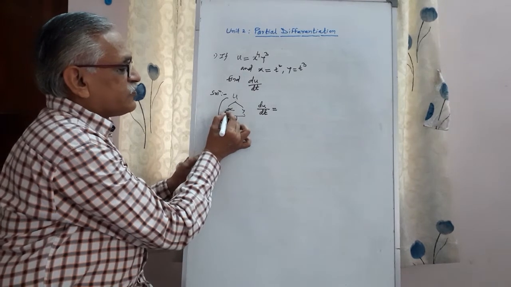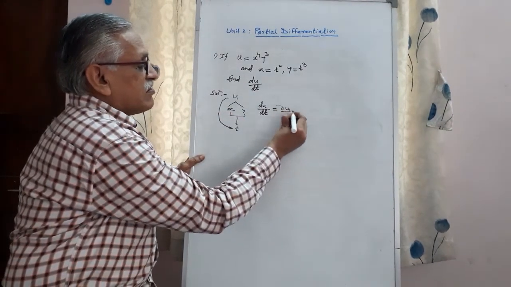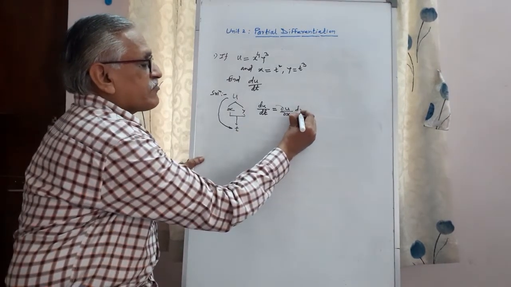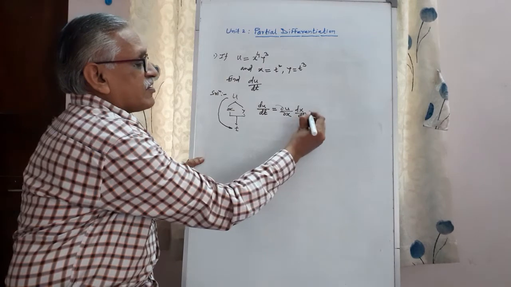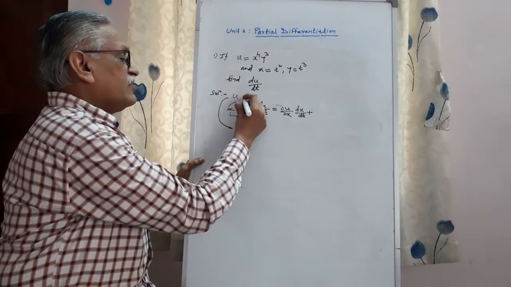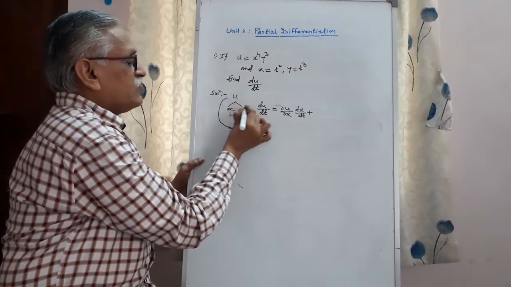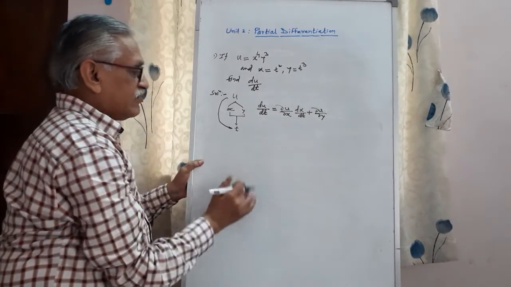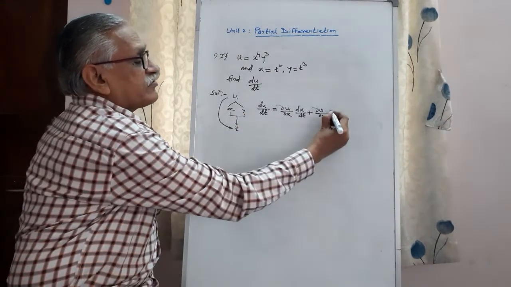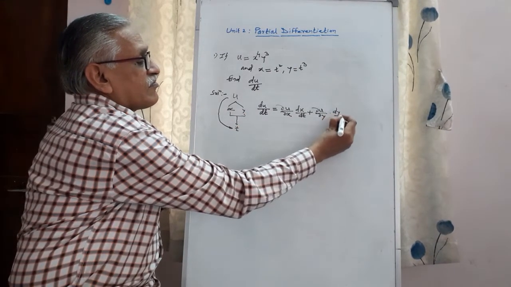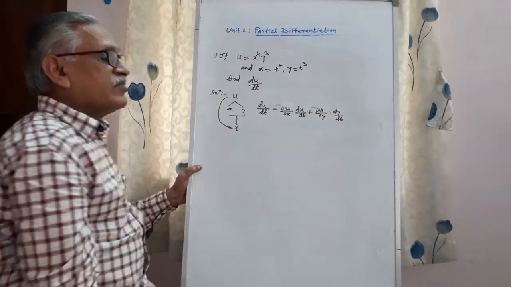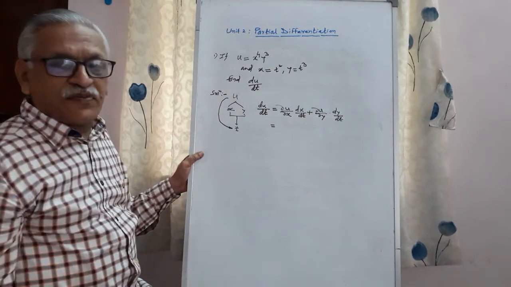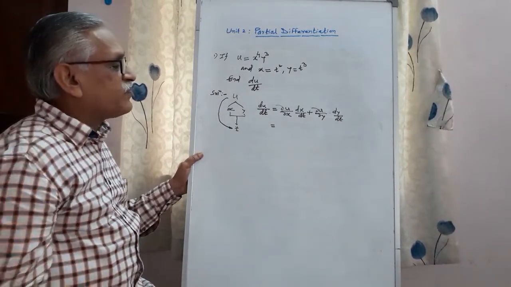By differentiating u with respect to x, and then by chain rule, differentiating x with respect to t, then differentiating u with respect to y, and then y with respect to t, it equals four derivatives we have to obtain.